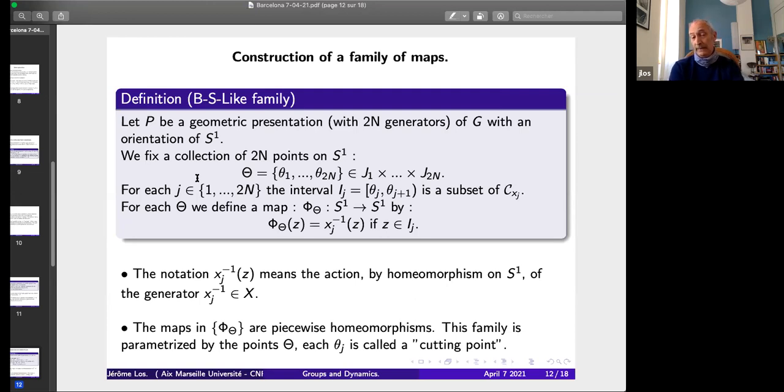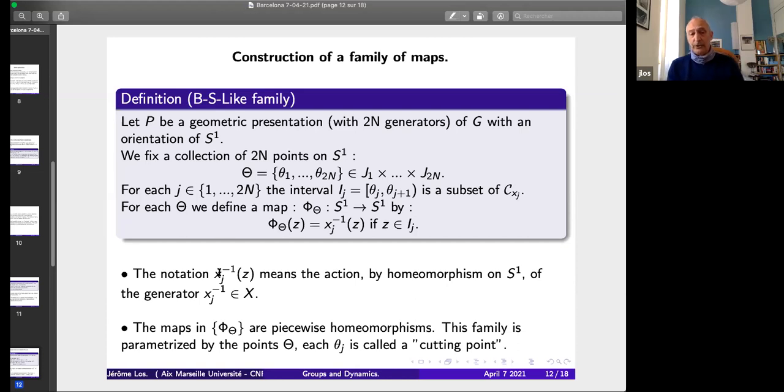Remember that the generators of the group act on the circle, and here the circle has to be understood as the boundary of the group, which is a circle, acted on by homeomorphisms. So here you have an action on the interval Ij by the homeomorphism xj inverse.